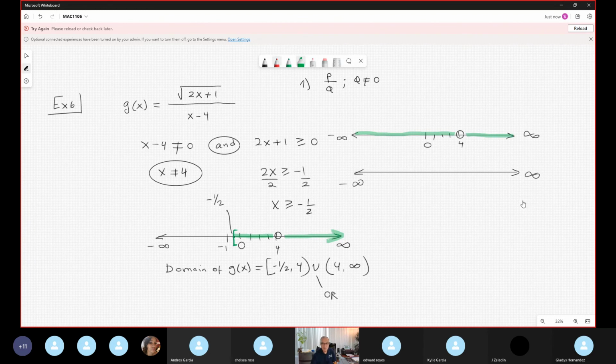This is 0 again, and this is negative 1/2 here. So it's that part, including, of course, negative 1/2. And basically, you need to do the AND operation in between these.